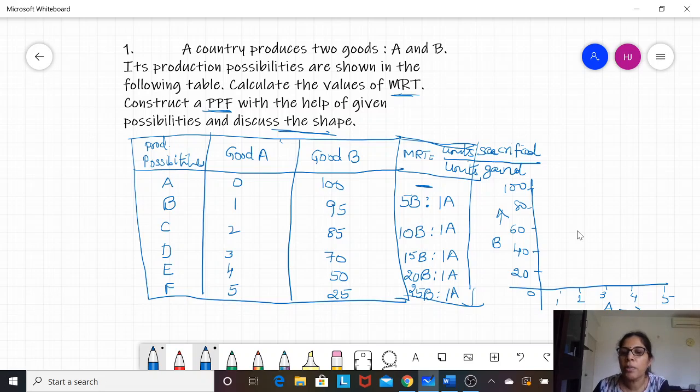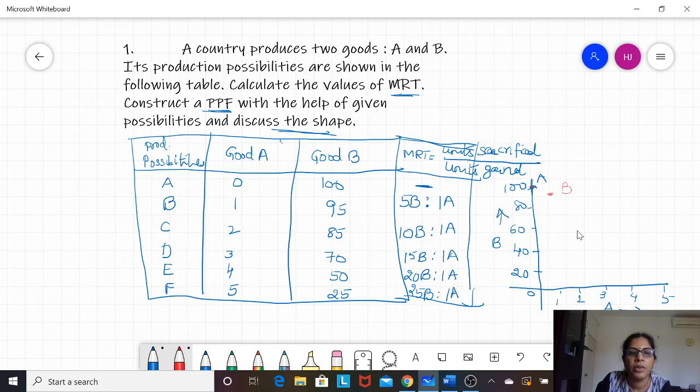In the entire economics, we are not using any graph paper. We are just representing on normal white paper only. So you just plot 0 A, 100 B. Okay, this is A combination. Maybe I'll use a different pen. B combination: 1 A, 95 B. So you plot like this, 95.